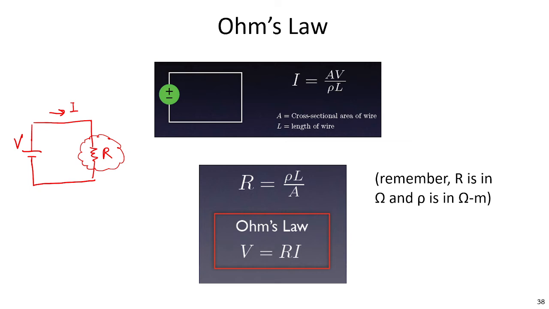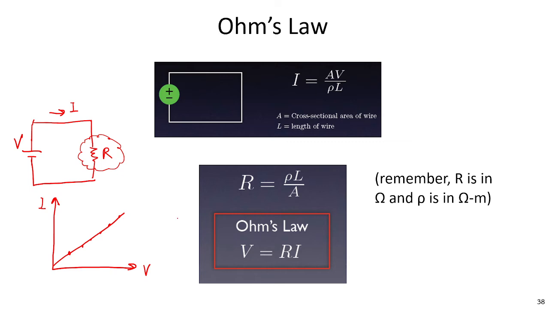For a resistive element, if you provide one voltage to this element, we get one current. If you change the voltage, the current changes, proportionally to the voltage, right?